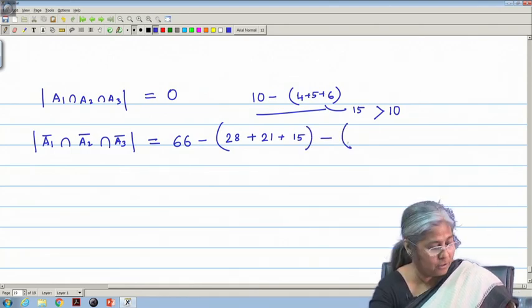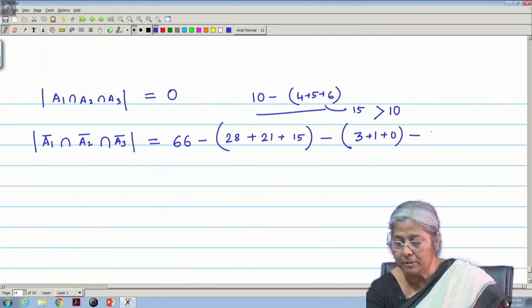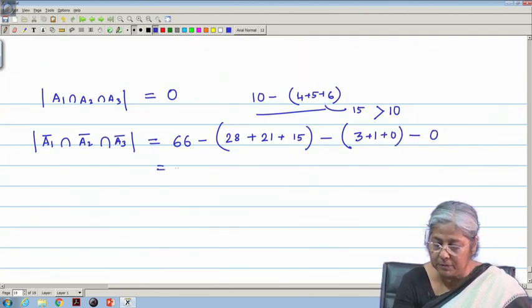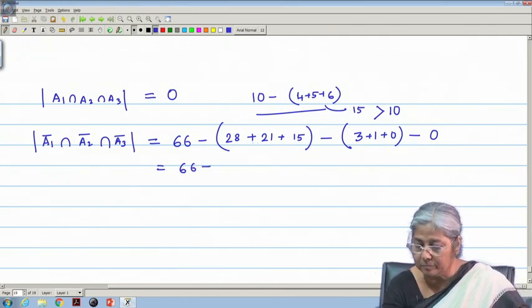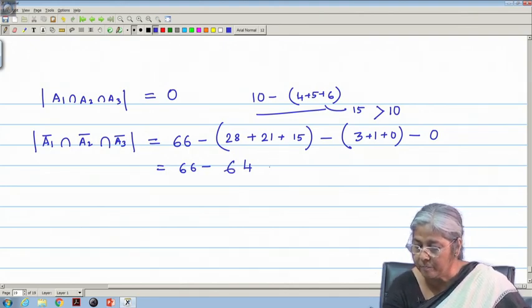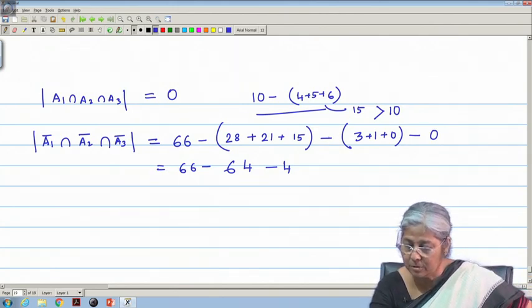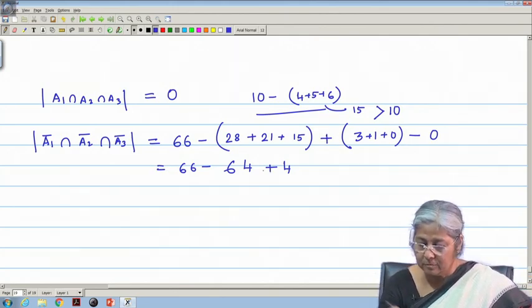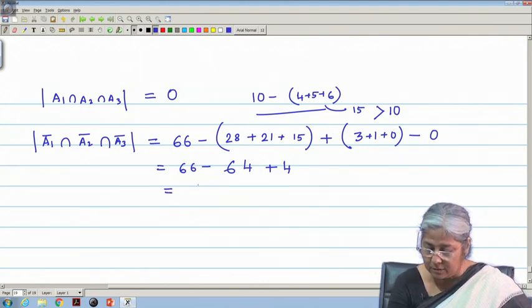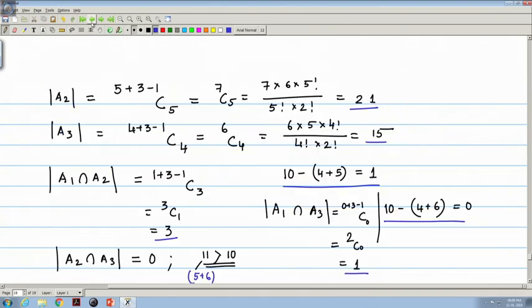Then for the 2 combinations we got 3 plus 1 plus 0, and for the 3 combination it is 0 only. So, this becomes 66 minus 64, minus 4, plus 4, sorry, this term will be plus 4. So, this becomes 6.